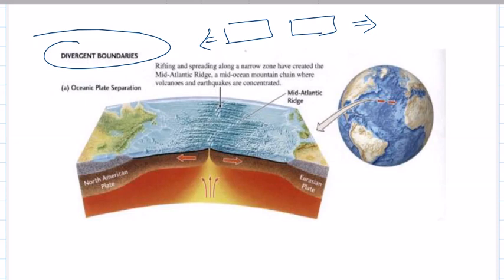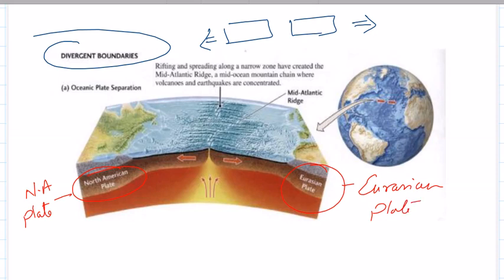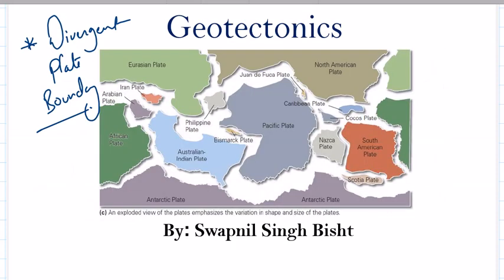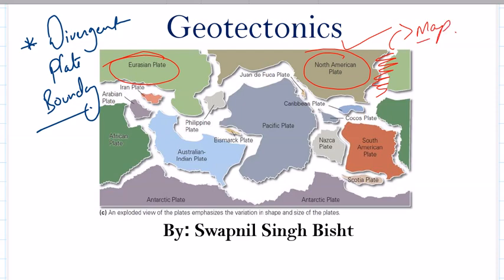You can see in this image there are two plates, the North American plate and the Eurasian plate. These are major tectonic plates. If you look at this map, this is the North American plate and this is the Eurasian plate. The image we are discussing is somewhere around here in the map, which is basically the mid-Atlantic region.